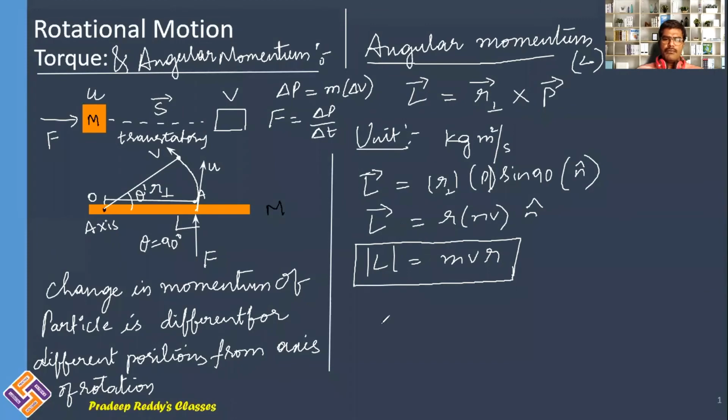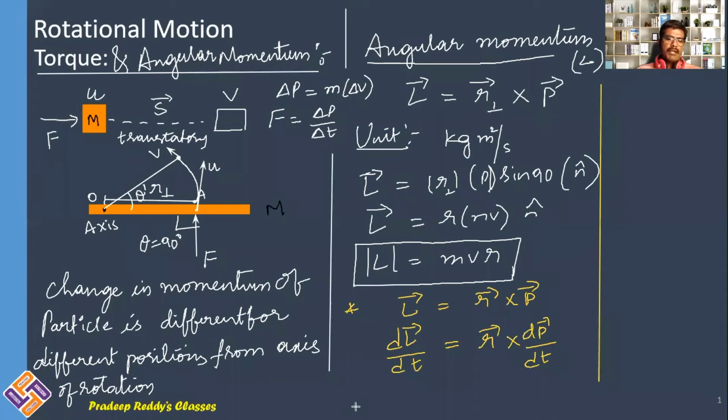Now, we already know that L bar is equal to R bar cross P bar. Differentiating with respect to time, dL bar by dt is equal to R bar cross dP bar by dt. The perpendicular distance remains the same, since it is a constant value where the force acts and the momentum undergoes change.